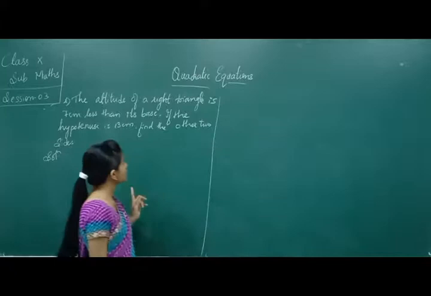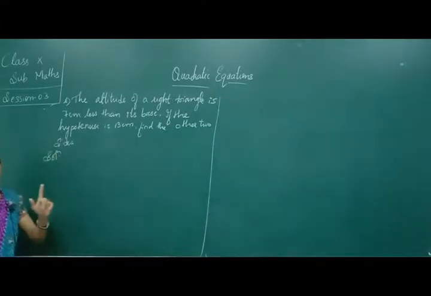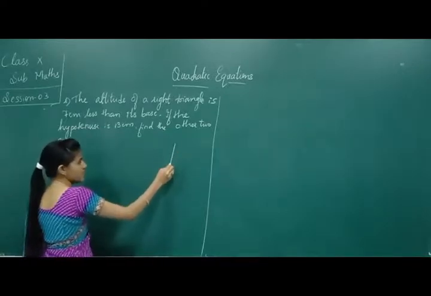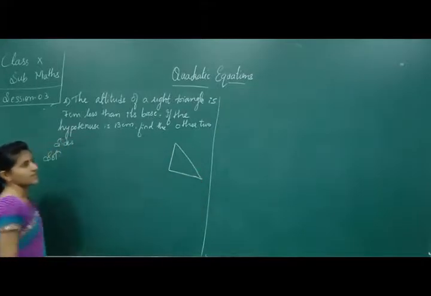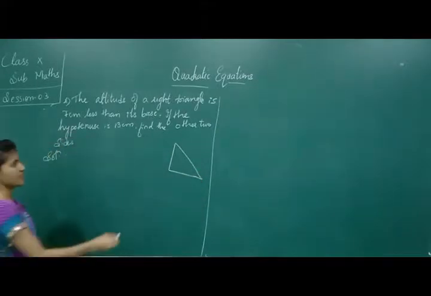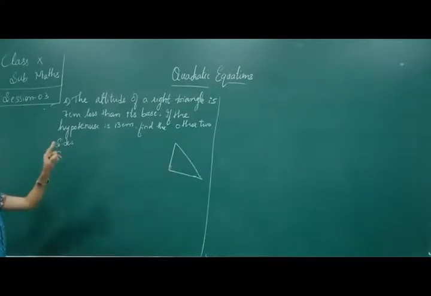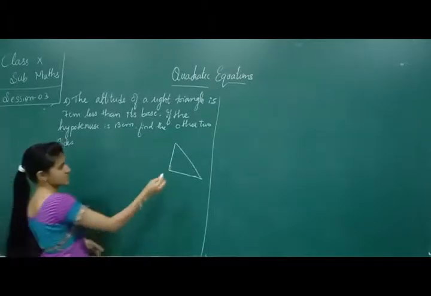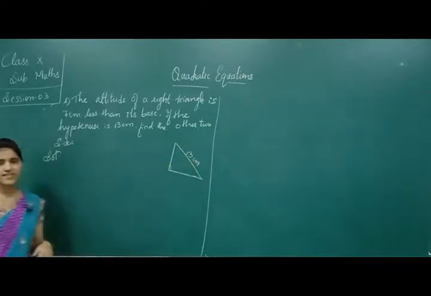Right triangle is 7 centimeter less than its base. Let this be our right triangle. They have said that altitude is 7 centimeter less than its base. If the hypotenuse is 13 centimeter, they have given hypotenuse as 13 centimeter.